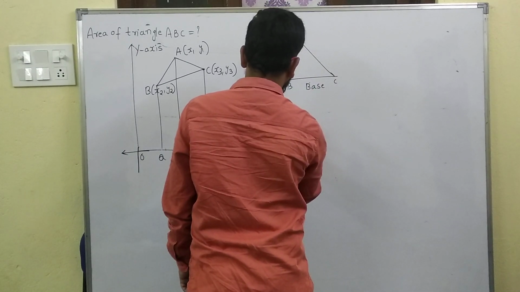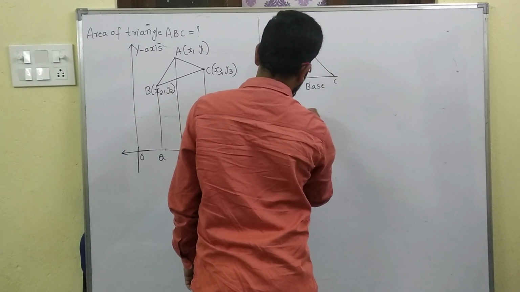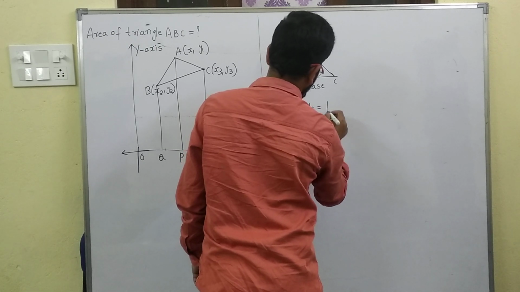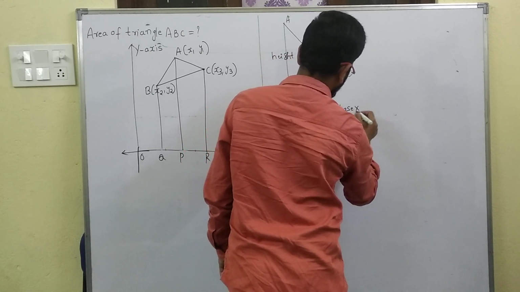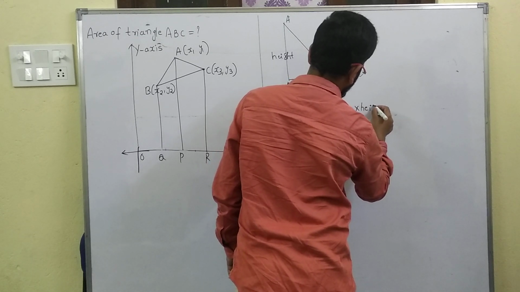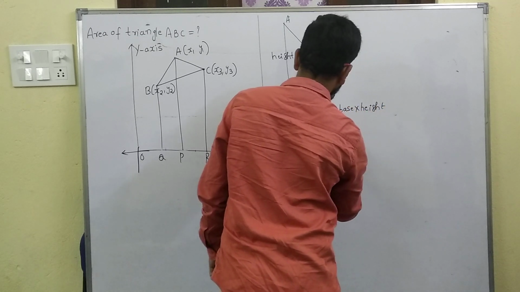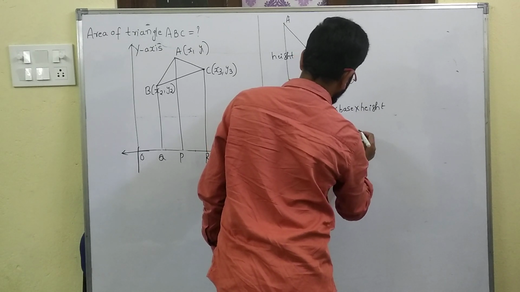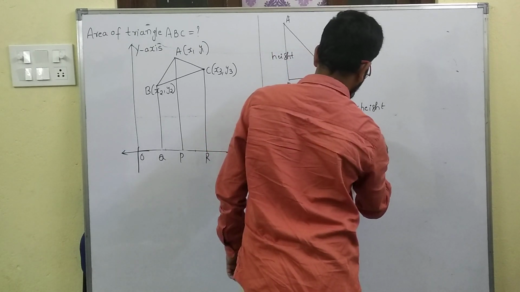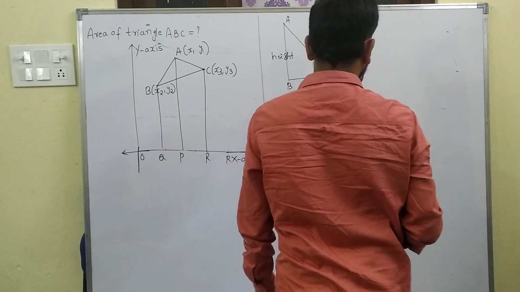So the area of the triangle equals half into base into height. That is half into base BC into height AB.